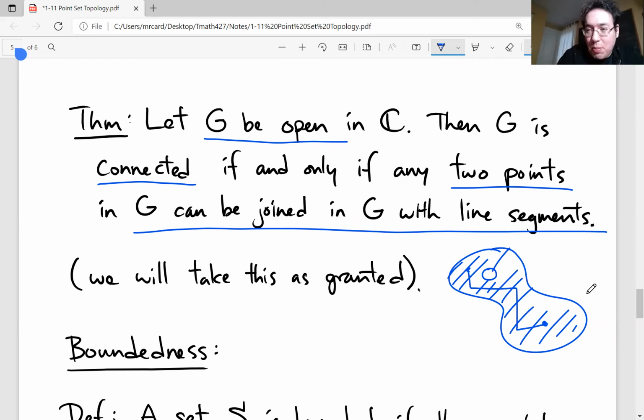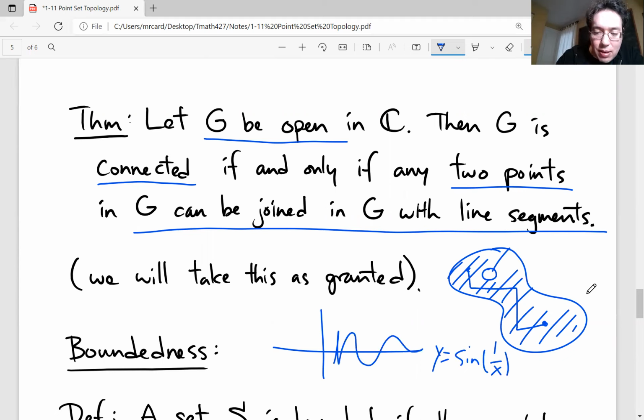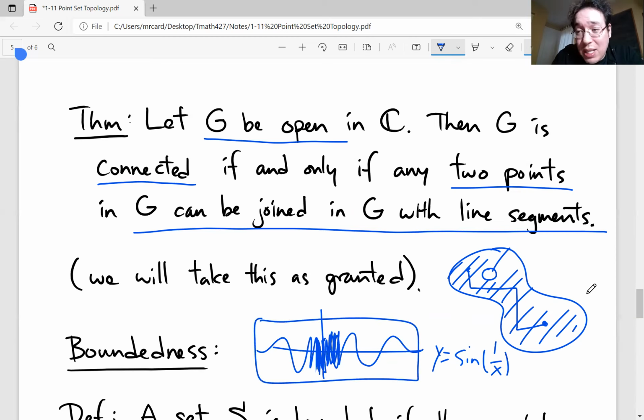I could maybe show an example. If you look at the graph of sine of 1 over x, it looks like this. It looks like a sine function goes up and down, but because 1 over x blows up when x approaches 0, it starts going up and down so quickly. It'll do that infinitely many times. And then if you include this vertical axis from 0 to 1, this set is connected, but it's not path connected.